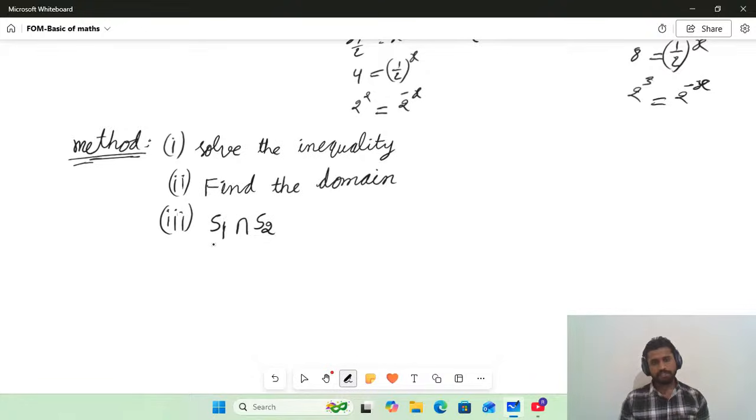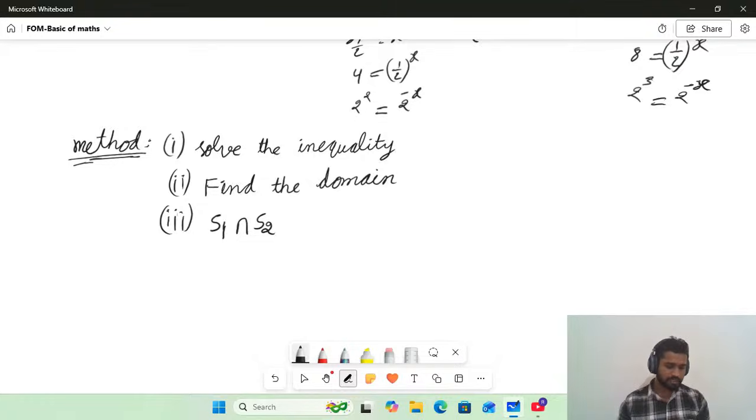So take the interval which is common to step 1 and step 2. Clear? This is the method for solving logarithmic inequalities.